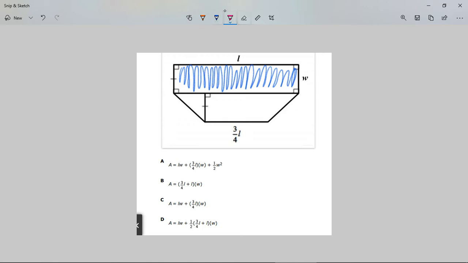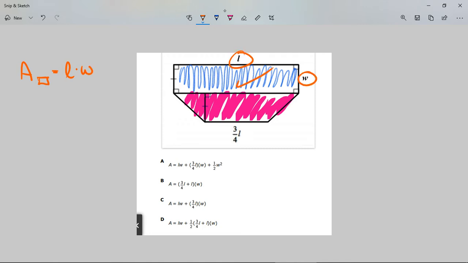So you want the area of the rectangle, and then guess what? You don't need this here. You don't have to worry about this. What is that whole thing down there? A trapezoid. Okay, so here's the area of a rectangle is length times width. Length times width. Okay, so you did that piece right there.